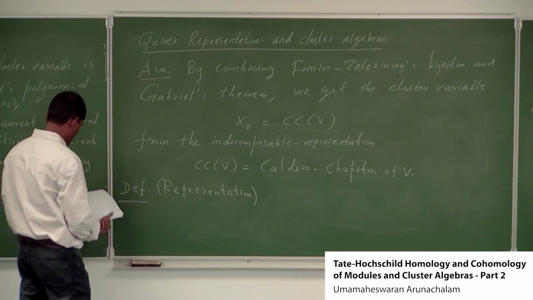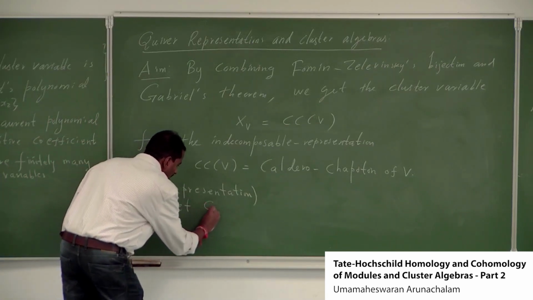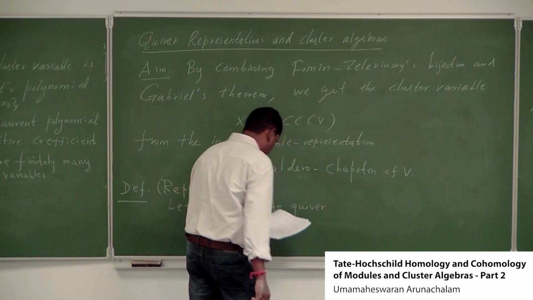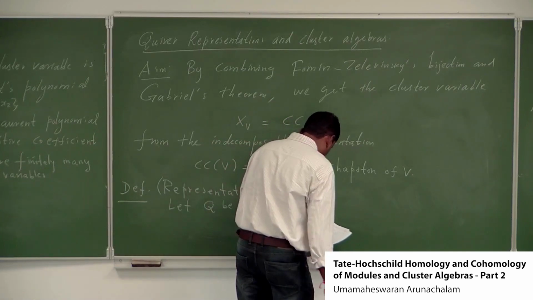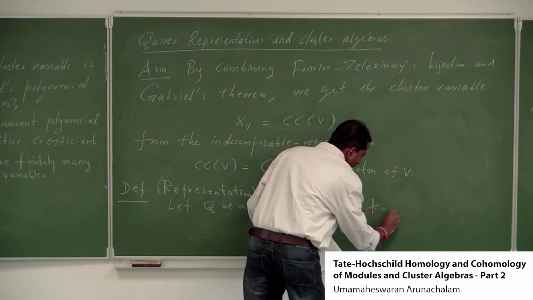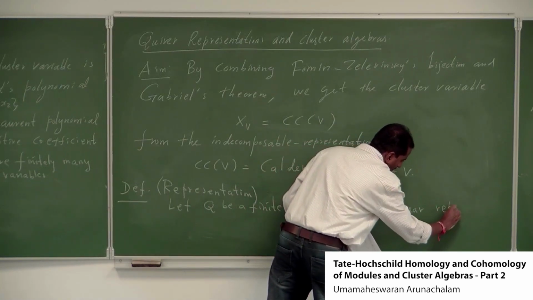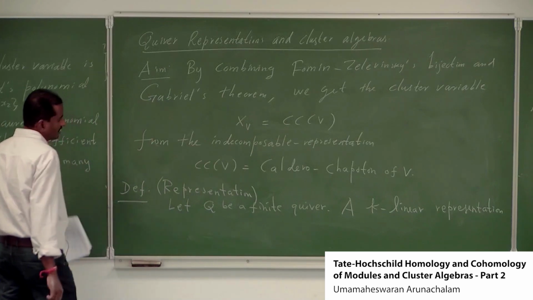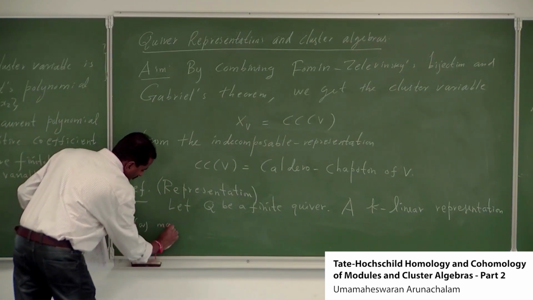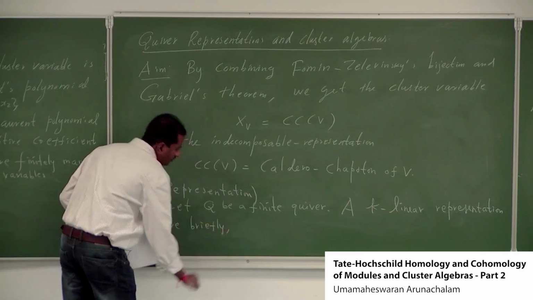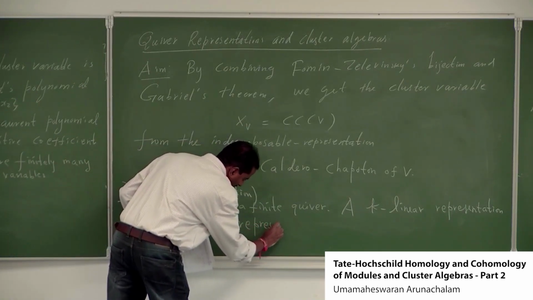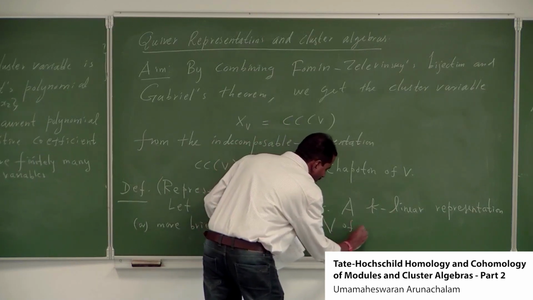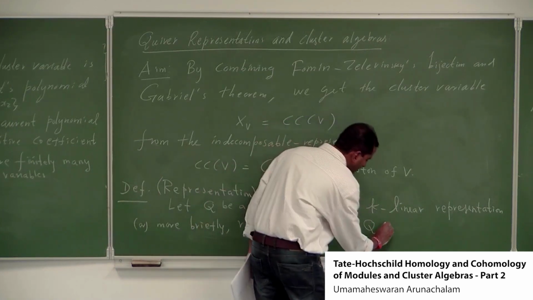Representation of the QR. Let Q be a finite QR. A K-linear representation, or more briefly representation, V of Q is defined by the following data.